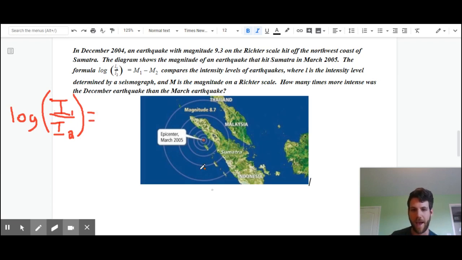Our magnitudes for the two earthquakes: the first one was a 9.3, and our second was an 8.7. So we have 9.3 minus 8.7.